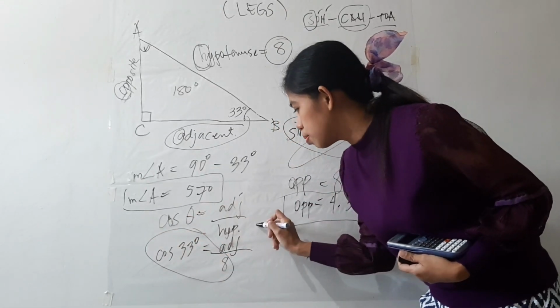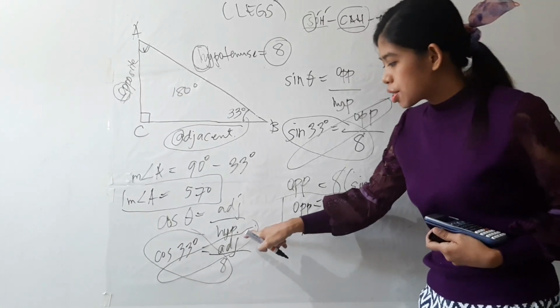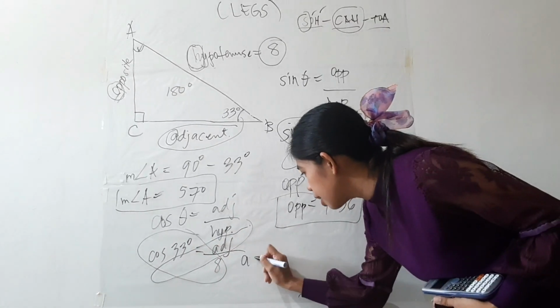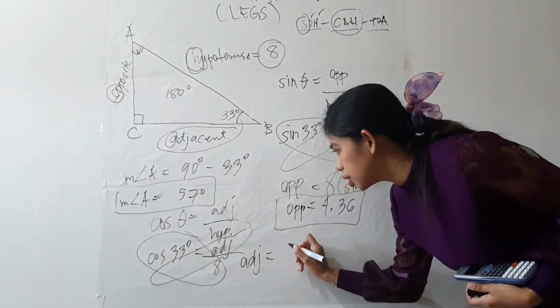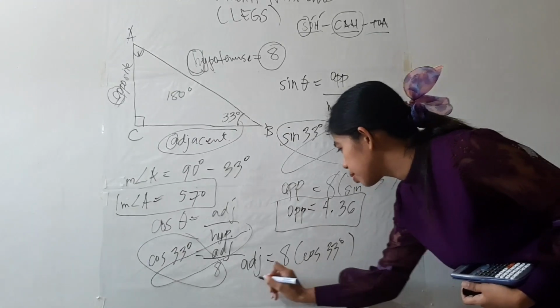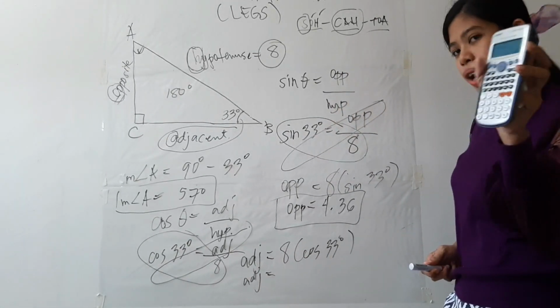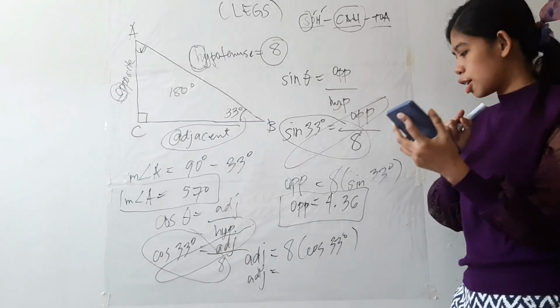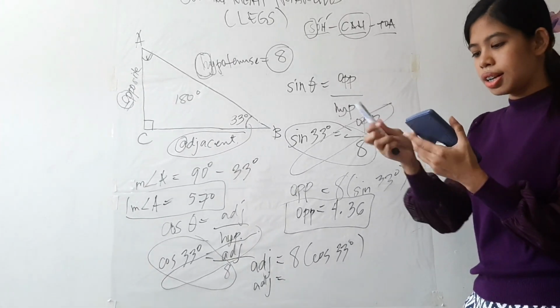Again, you may multiply both sides by 8, or you may cross multiply. So, the adjacent side is equal to the product of 8 and cosine 33 degrees. You do the same thing on your calculators: you just press 8 times cosine 33 equals.